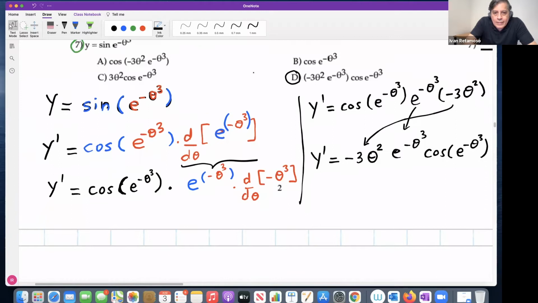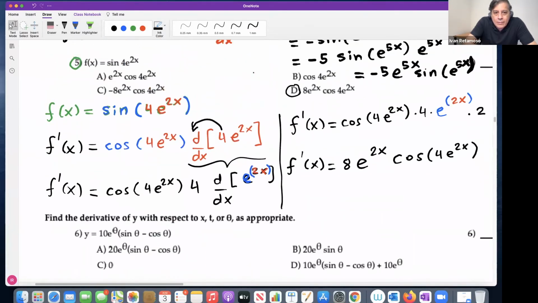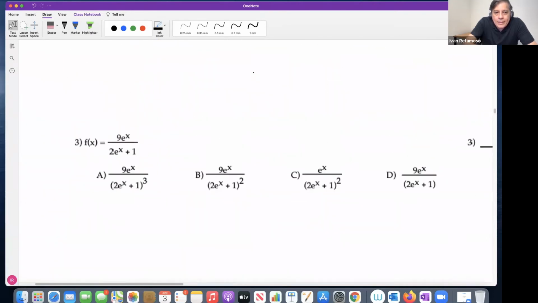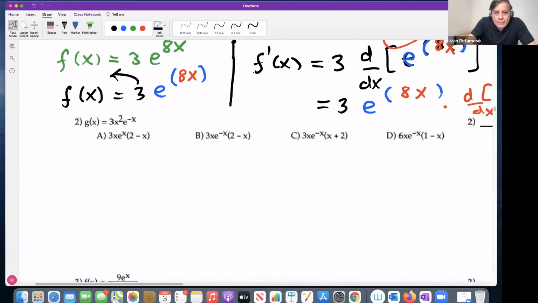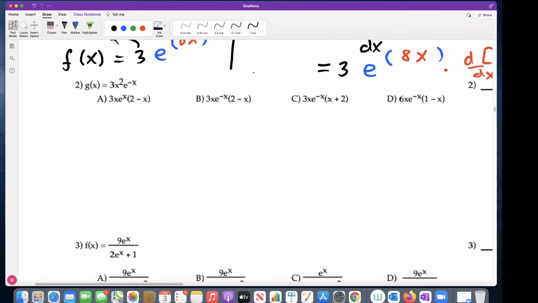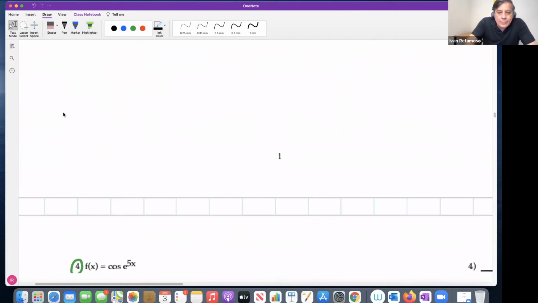So now let me tell you what to do if we encounter this other form, multiplications of functions. And one of the functions is the natural exponential function, or a composition of the natural exponential function with some other function. For example, this or this, right? So let me show you an example so you can deal with this, right?